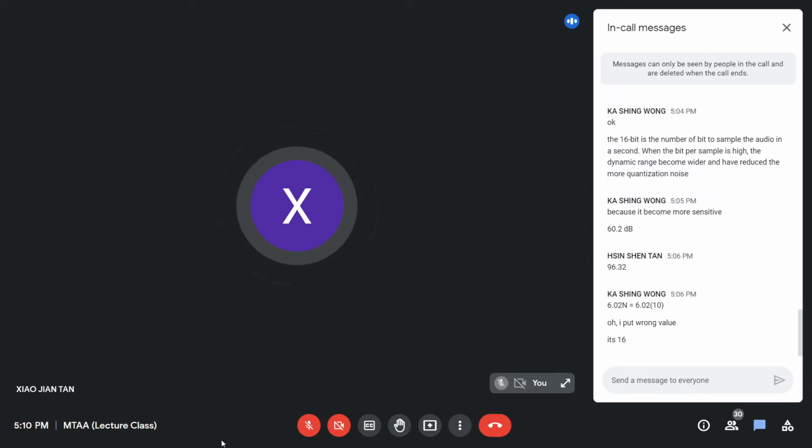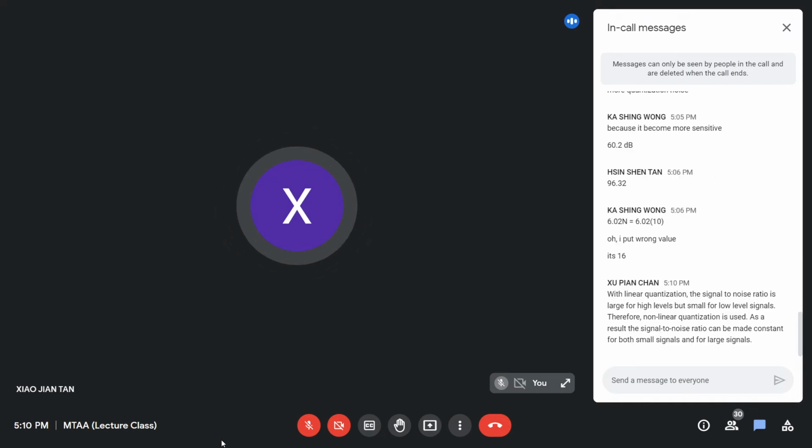This one is very simple. Even my answer is very short. With linear quantization, the signal to noise ratio is large for high level but small for low level, therefore non-linear is used. Wow, this is definitely copied from the lecture notes, is it? Not even modified.